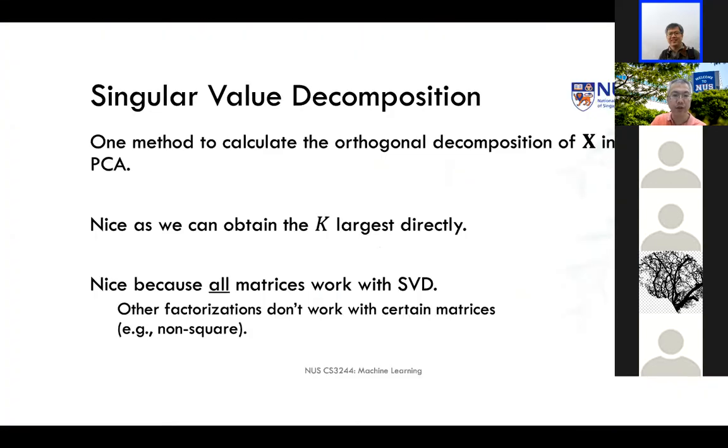But as you already know, in machine learning we almost always have rectangular matrices. Especially with deep, big data, which is why we want to apply dimensionality reduction, we will have many more data points than dimensions. So using something like singular value decomposition is very useful.